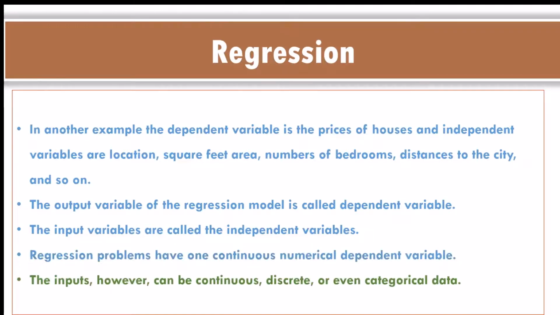The independent variables, at the same time, can be anything. It can be continuous, or one of the input variables may be discrete, and another may be categorical data. So the input variables can be of any type. It may be continuous or discrete or even categorical data in a regression model.